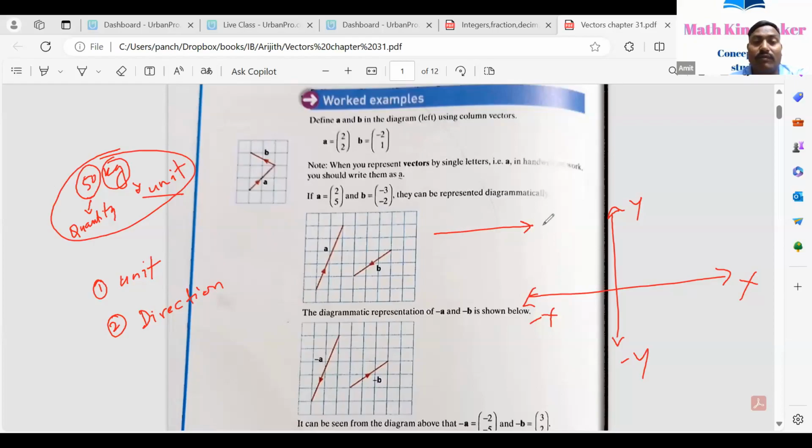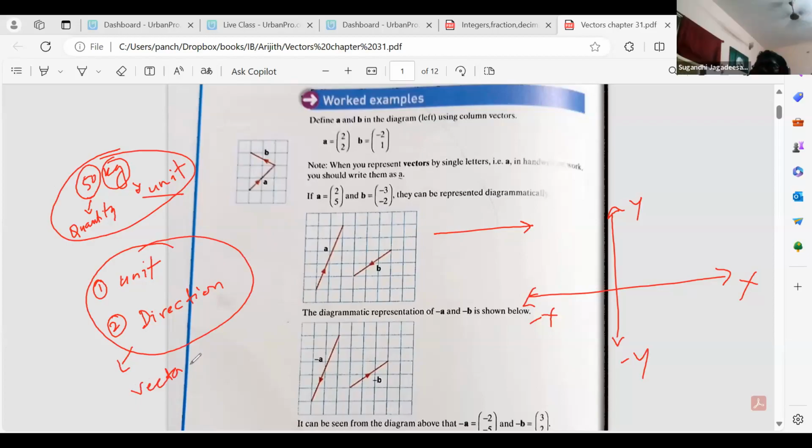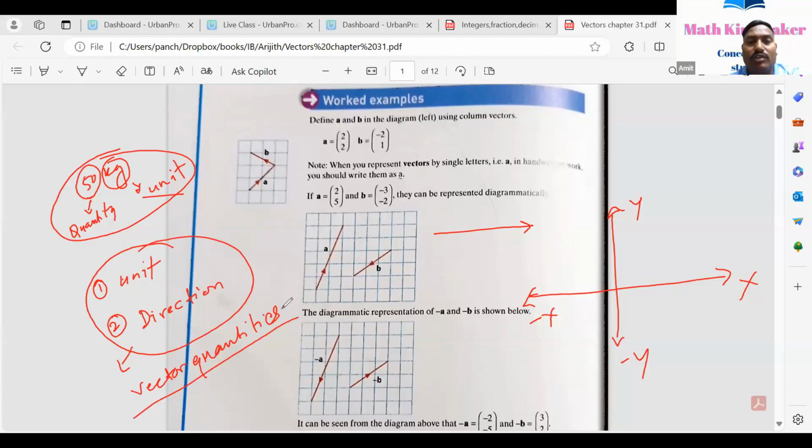So we are representing this quantity with unit and direction. Those quantities which need unit as well as direction both are known as vector quantities.